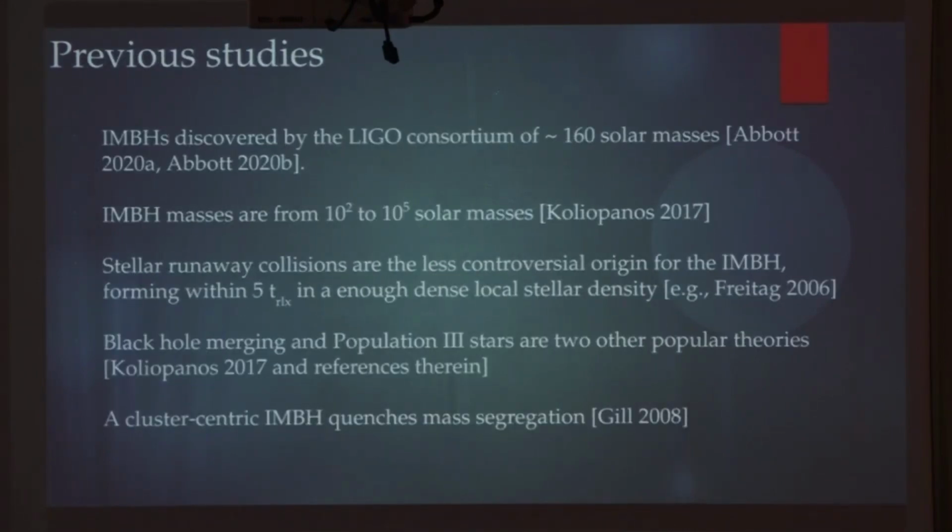I will go very, very fast over this, but know that an IMBH has been found by the LIGO consortium and is of 160 solar masses. They range from 10^2 to 10^5 solar masses. And stellar runaway collisions are the most accredited formation site for the IMBH inside the star cluster.